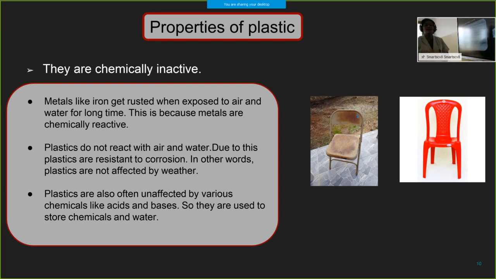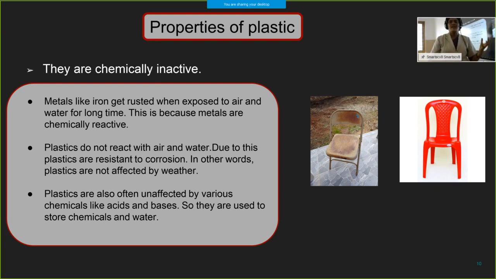Okay. Now coming to the properties of plastic. There are so many useful properties of plastic, so let us see a few of them. First point, they are chemically inactive. They are not very reactive. For example, you see two chairs. One chair is made of metal and the other chair is made of plastic.